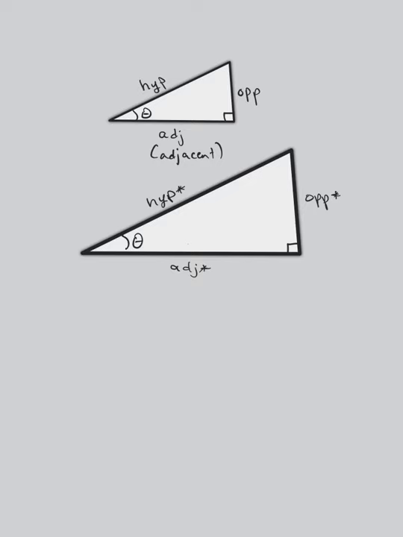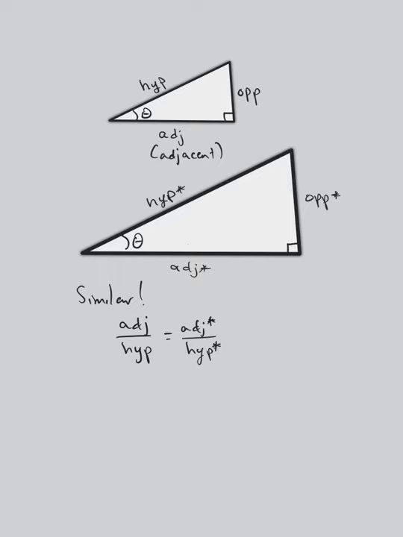So we do have that situation, but those two triangles are similar to each other. And so what that means is that if I measure the ratio of the adjacent to the hypotenuse on the smaller triangle, it's going to be the same as the adjacent to the hypotenuse on that larger triangle.